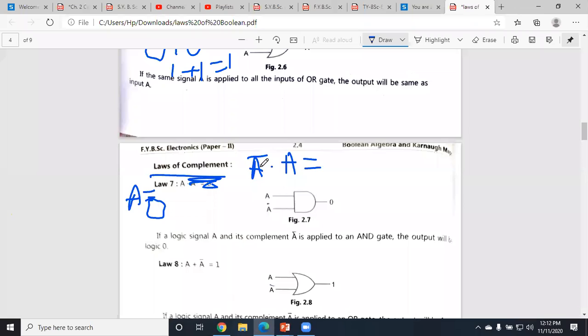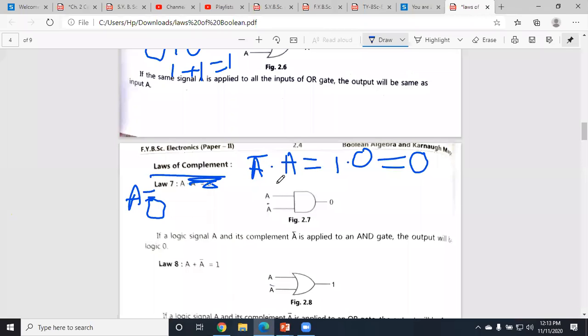What is my A bar? 1. Dot with what? A. What is the value of A? 0. If I am multiplying 0 with 1, what will be my answer? 0.